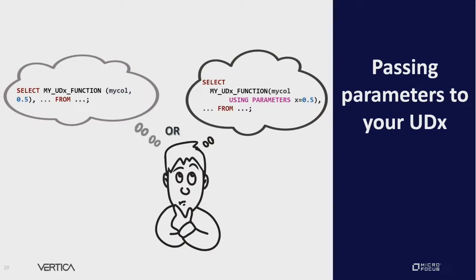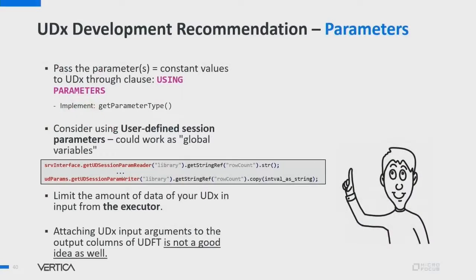In the first scenario, on the left side of the slide, you use half of the buffer that is being used for exchanging information between the Go process, for example, and the Vertica process, just for passing the constant value 0.5. Our recommendation is, if you have a constant value, use the USING PARAMETERS clause to pass that value.